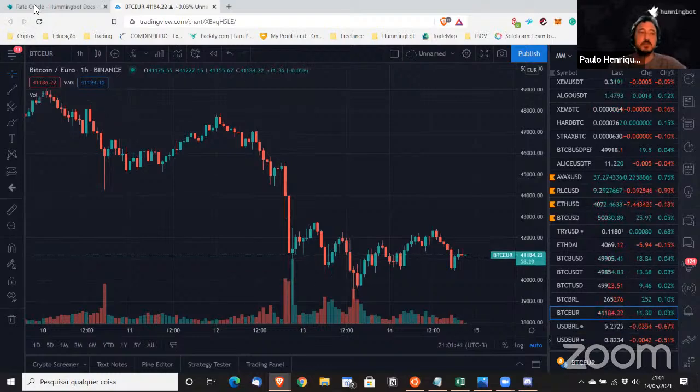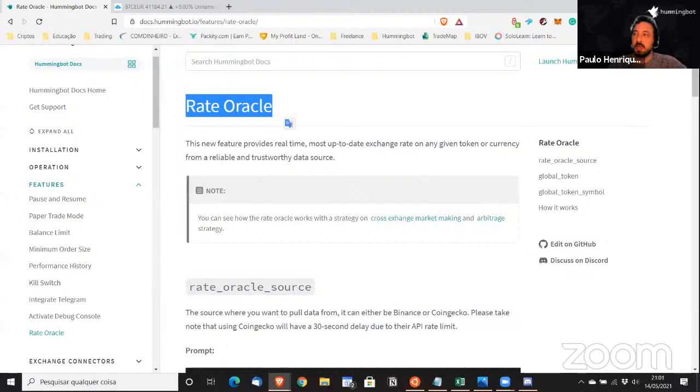So basically, what the rate oracle does is allow the bot to calculate a conversion between two different tokens or currencies, anything that is listed on one of the two APIs that we use to pull this data from.